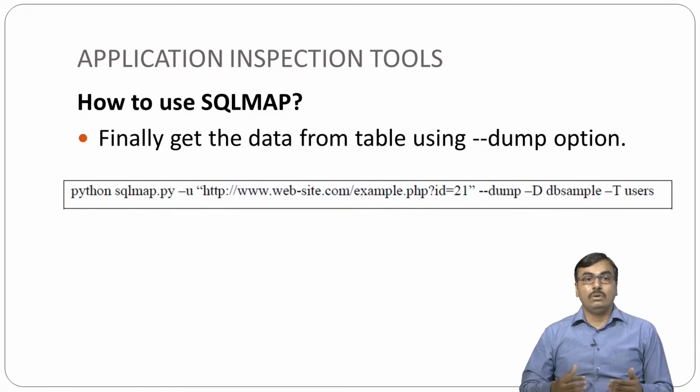You can see the highlighted command over here: python sqlmap.py -u, then your vulnerable URL. --dump is the option for getting the data from a specific database, specific tables. So --dump will retrieve the entire users' data.